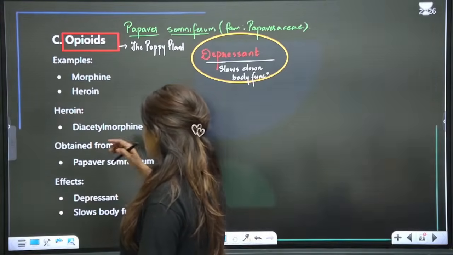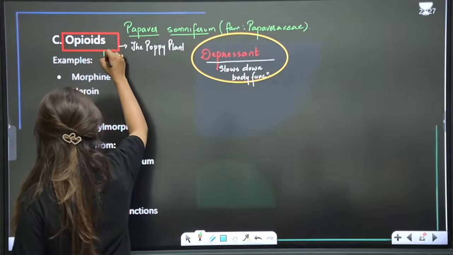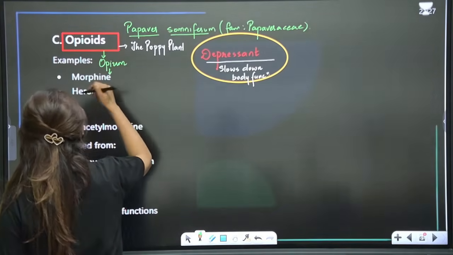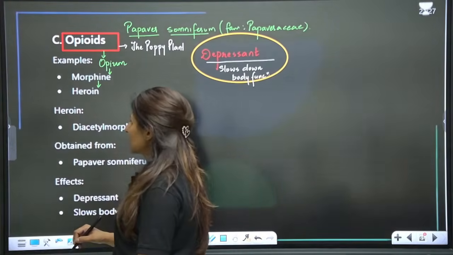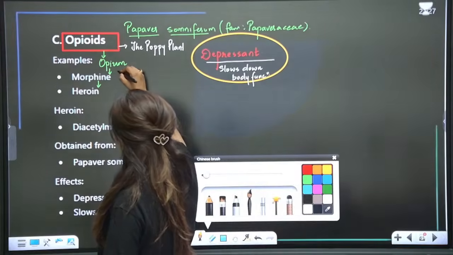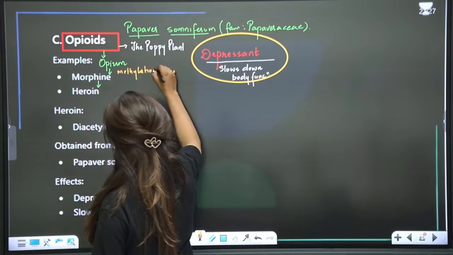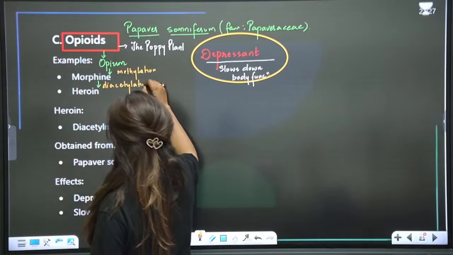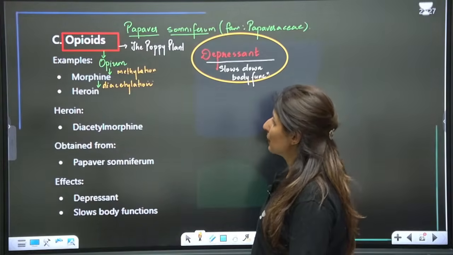So it is Papaver somniferum, right? Now, the drugs which are obtained directly from opium: first is opium, then opium can be further treated to form morphine and then heroin. Is that clear? So, how do we obtain morphine? By methylation we get morphine, and by diacetylation of morphine we get heroin. Is that clear? So these are the drugs obtained from the poppy plant.